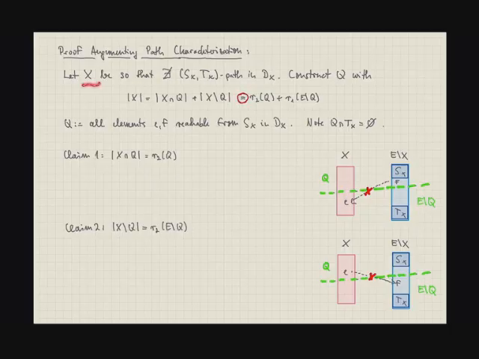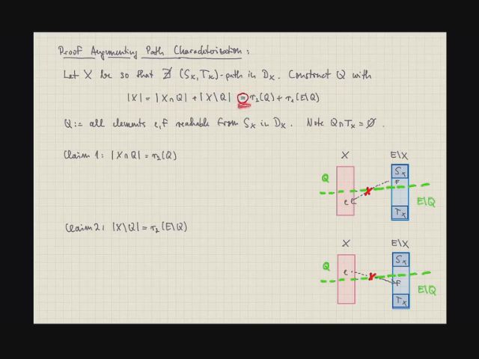So X is an independent set in both matroids so that no Sx Tx path exists anymore in this augmentation digraph. And now we're going to construct a subset Q of the elements achieving equality in this weak duality inequality, right?